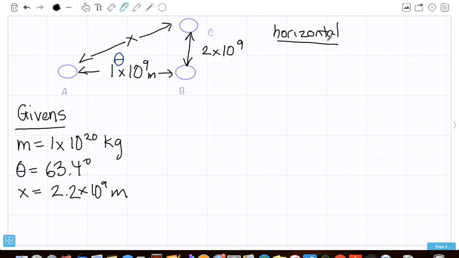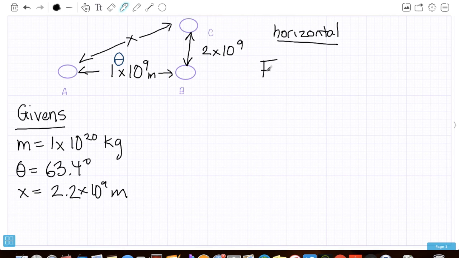So in the horizontal, we have to treat each pair of objects separately. The question is, what is happening to object A? I want to first figure out the force of gravity between A and B, and then add it to the force of gravity between A and C in the horizontal direction only.